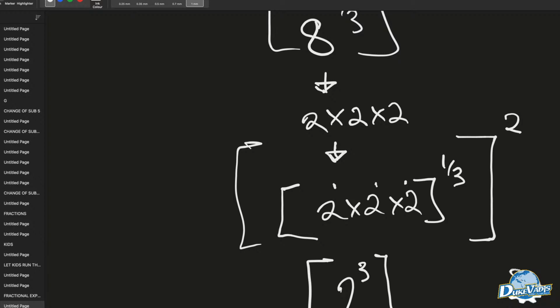Now we shouldn't forget that we still have our 1/3 outside, and again, we have our 2 sitting out as well.